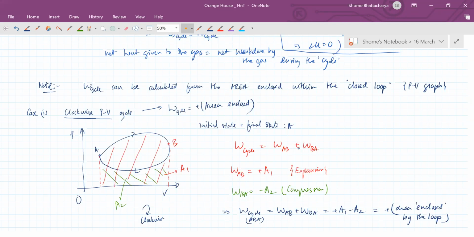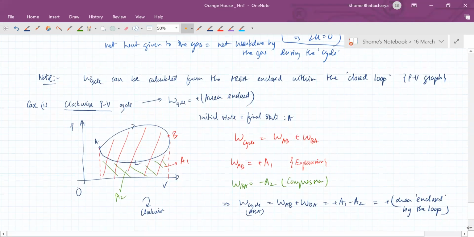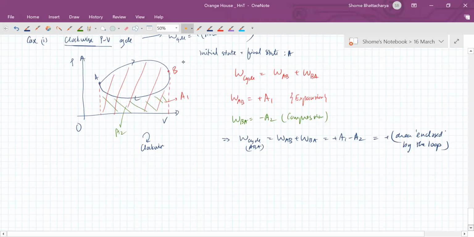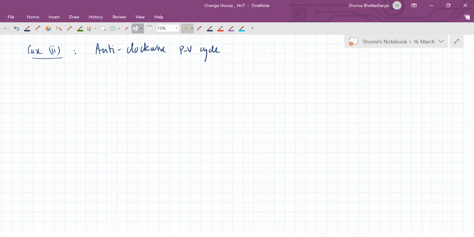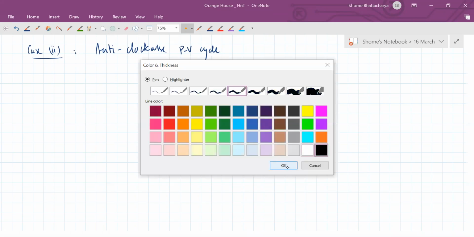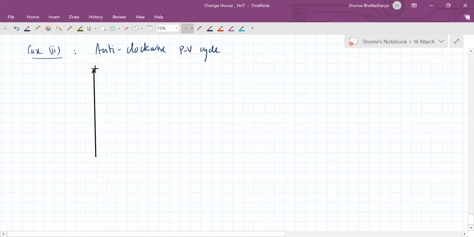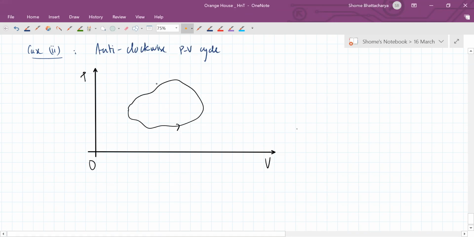Okay, so now let's see the second case, which is the case of an anti-clockwise cycle. So if we have a PV cycle, which now let's say looks like this, it's an anti-clockwise loop or counterclockwise.